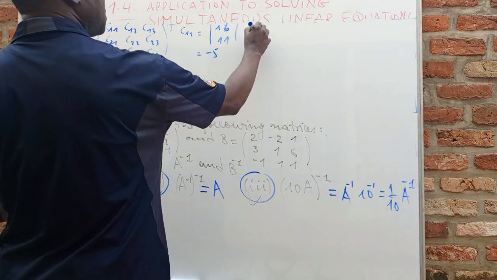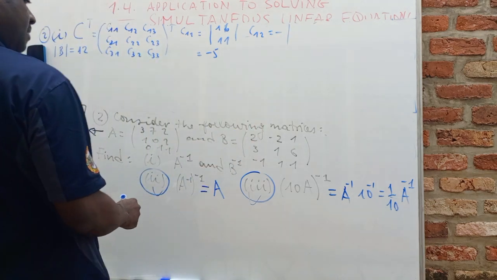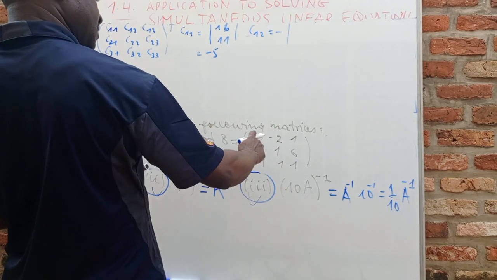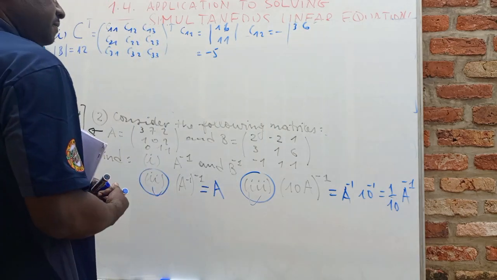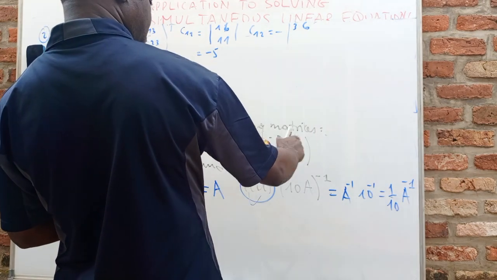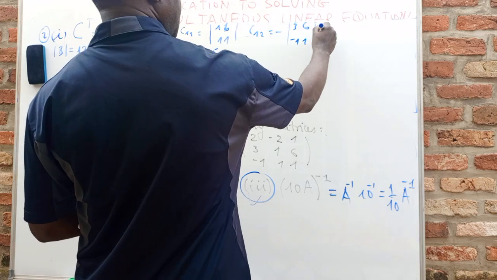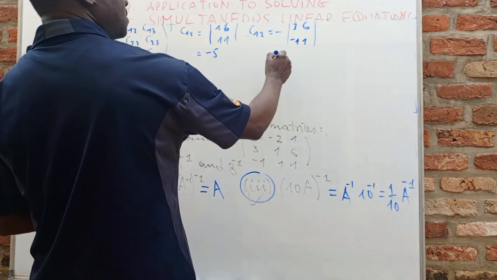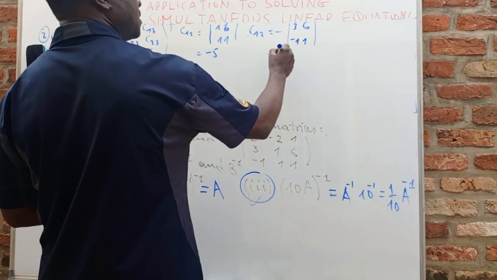Okay, C12 is going to be equal to the determinant 3, 6, negative 1, 1. So this is going to be equal to 3 plus 6 is 9, negative 9.